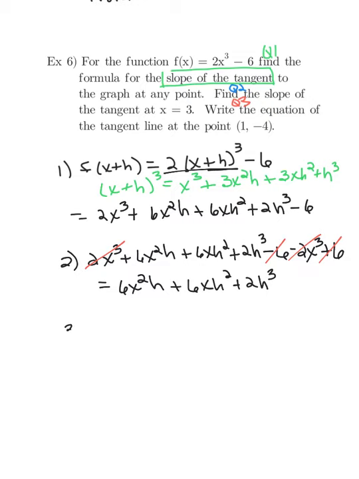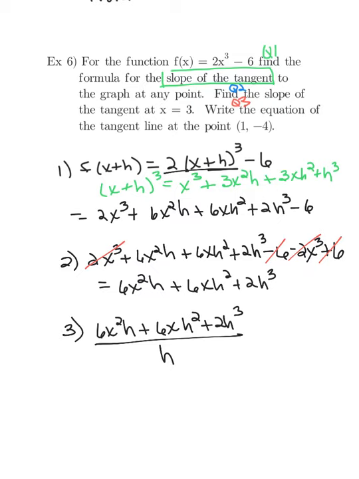For step 3, take the answer from step 2 and divide it by h. We will have 6x squared h plus 6x h squared plus 2h cubed divided by h. Since there are h's in every term, you take out the smallest power that appears. The smallest power that appears is h to the first.